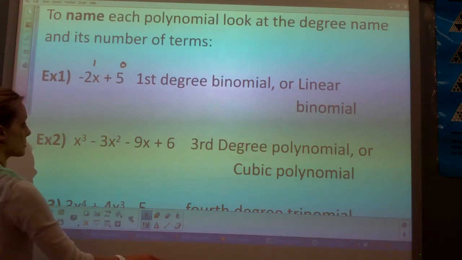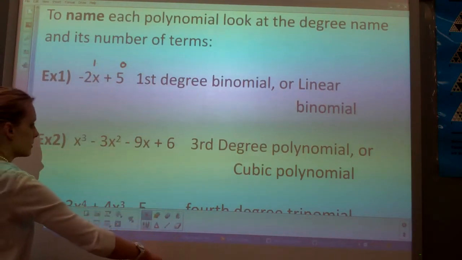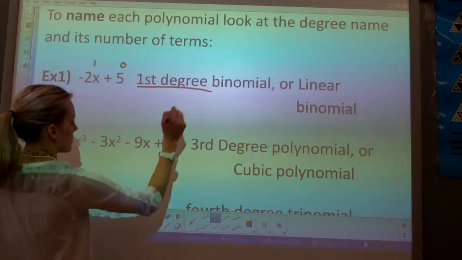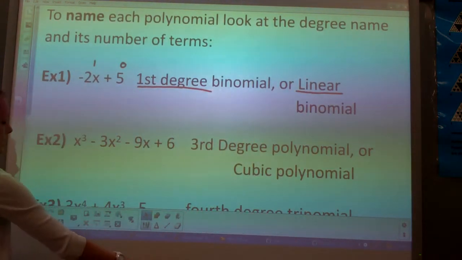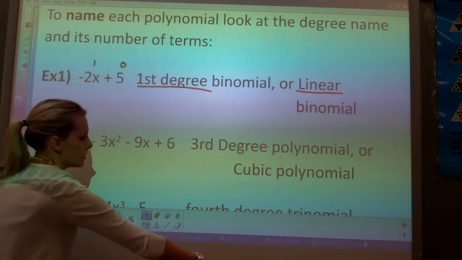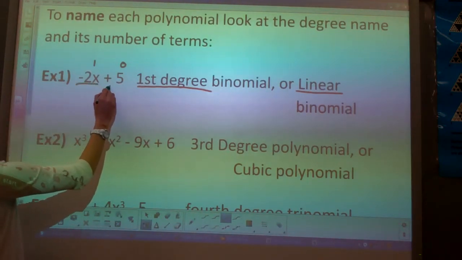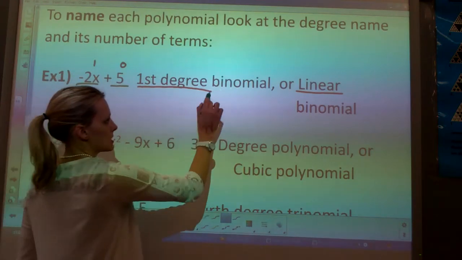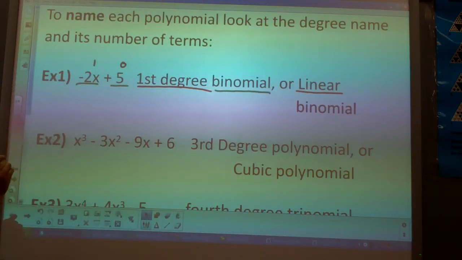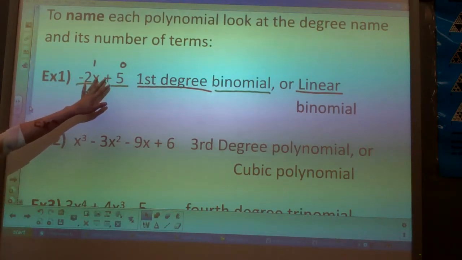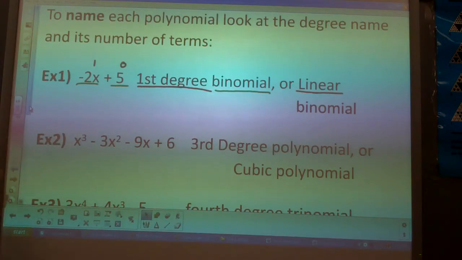So our highest degree is 1, meaning it's a first degree or linear. And how many terms does it have? We have 1 term, 2 terms. So it's a binomial. So this would be called a linear binomial or a first degree binomial.